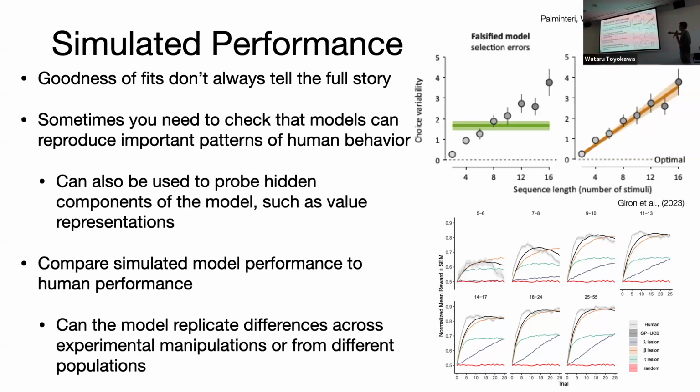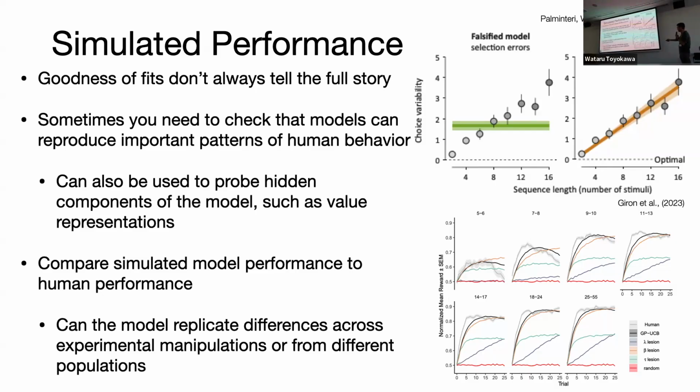As the sequence length increased, participants had greater choice variability, and the model also captures that. This type of falsification using model simulation is a really important tool to make sure that your model is actually capturing key parts of behavior, and maybe capturing differences across different populations or different experimental manipulations.